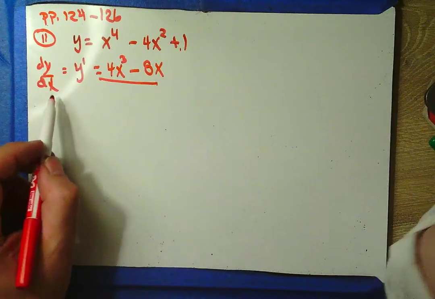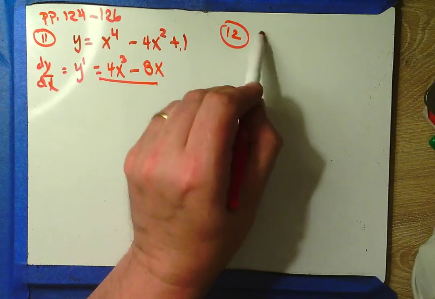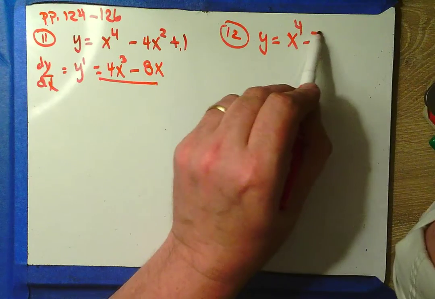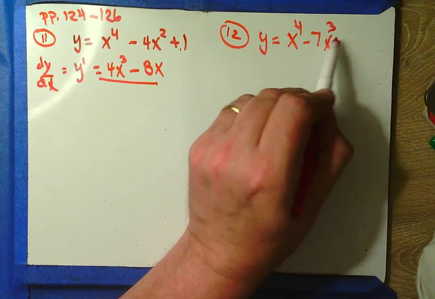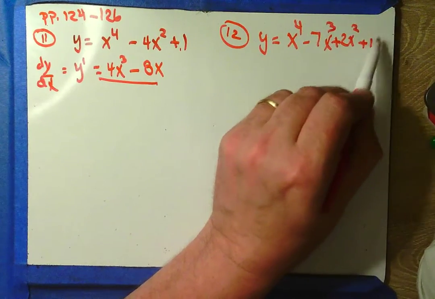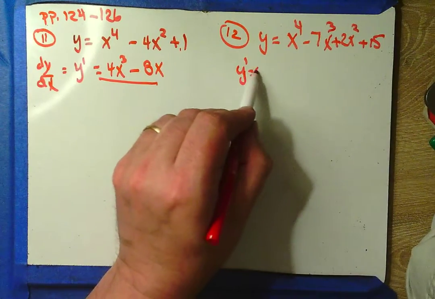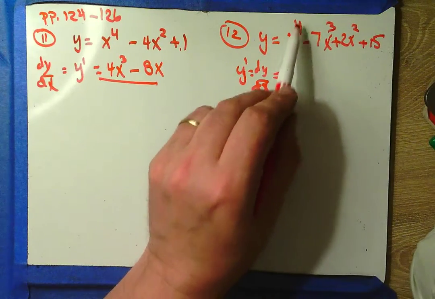Okay, next. 12. 12 is y equals x to the fourth minus 7x to the third plus 2x squared plus 15. So y prime or dy dx will be the derivative of x to the fourth.